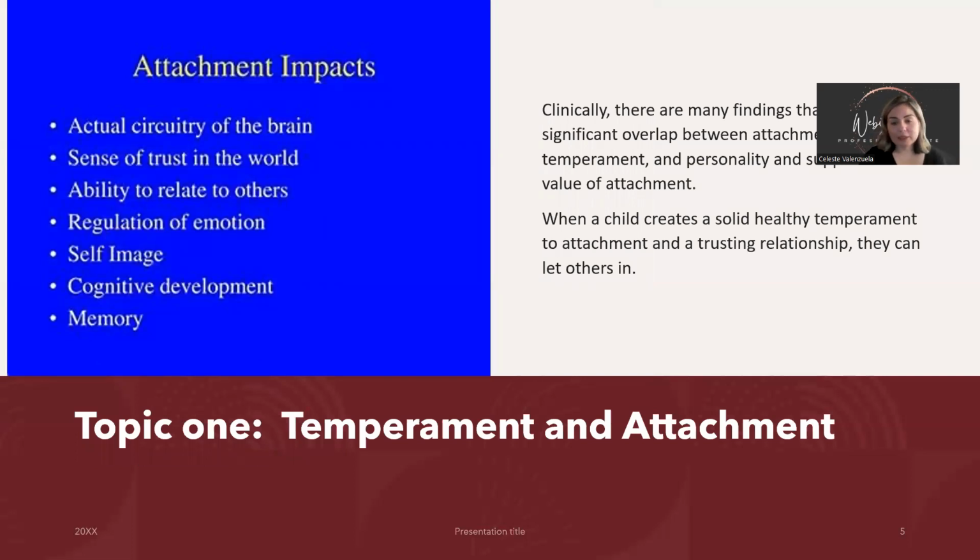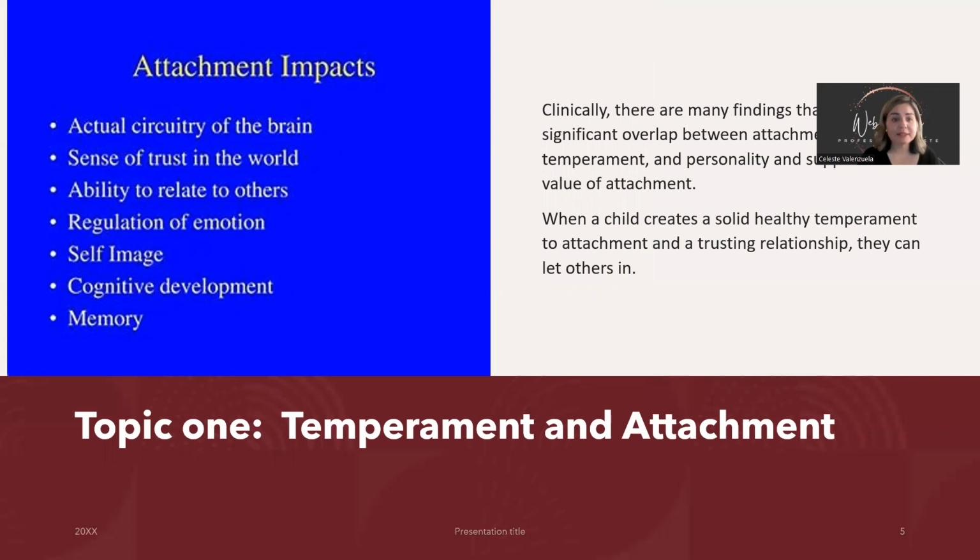But let's identify a little bit of the temperament and attachment, really what that looks like and why attachment affects a child, so we can better understand how to support that child. So attachment impacts the sense of trust within the world.